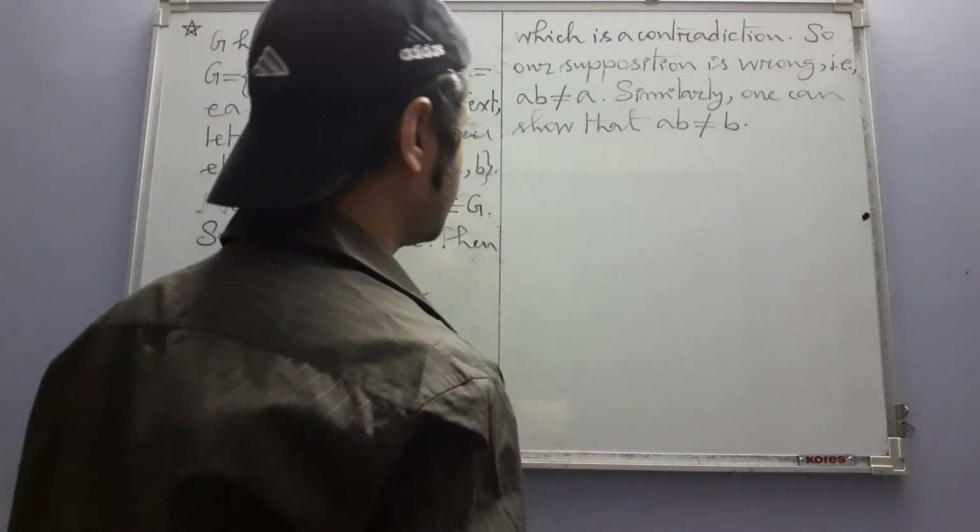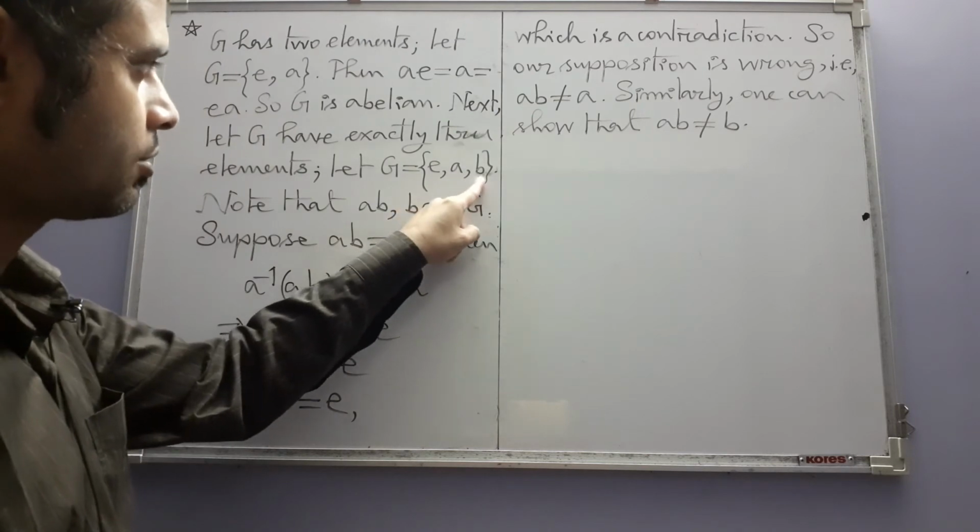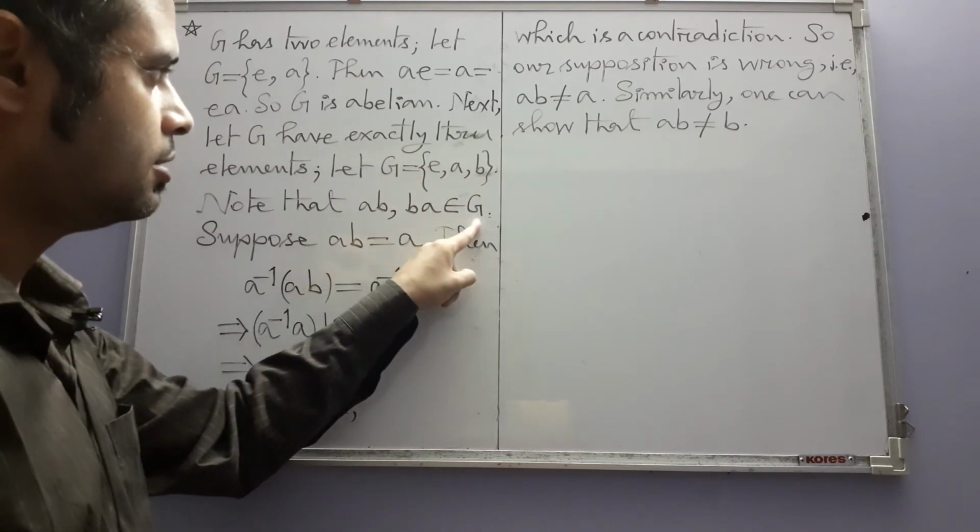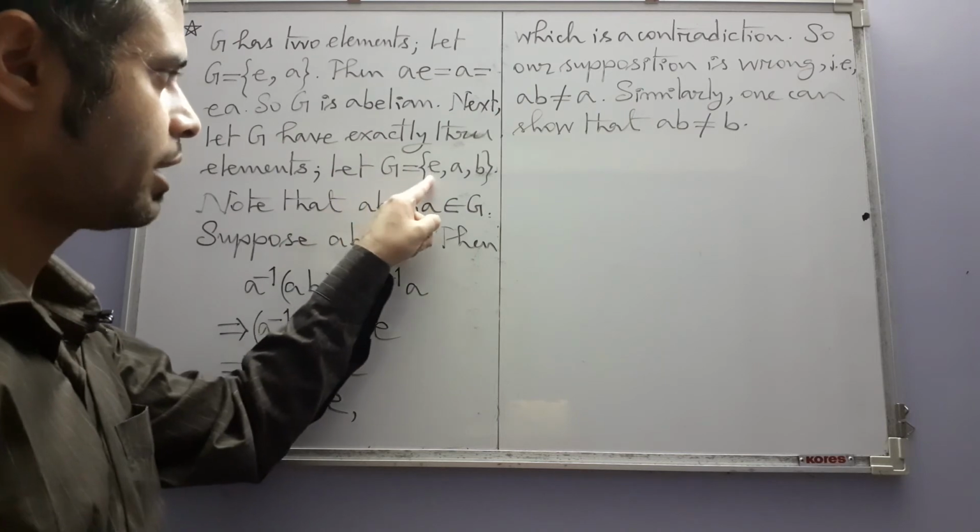So AB is also not equal to B. So AB can neither be A nor B, but AB must be in G. So the only possibility is that AB has to be equal to E.